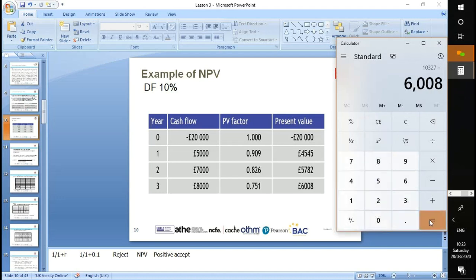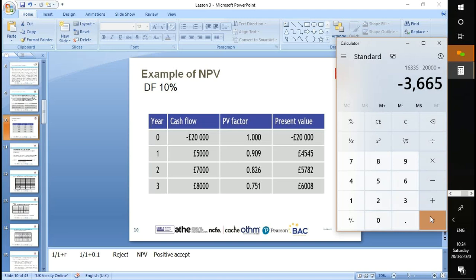So my positive figures total is 16,335. Minus 20,000, which is my outflow. So my NPV is £3,665 negative.